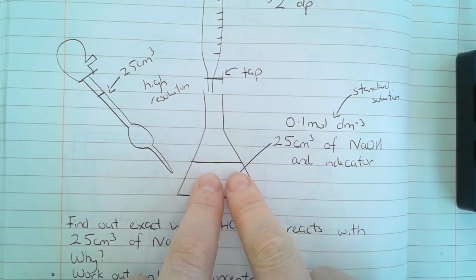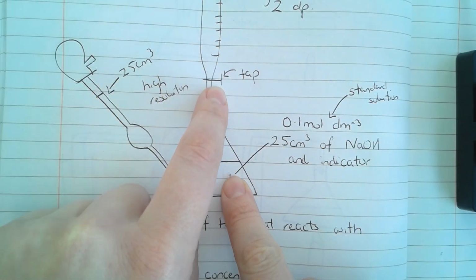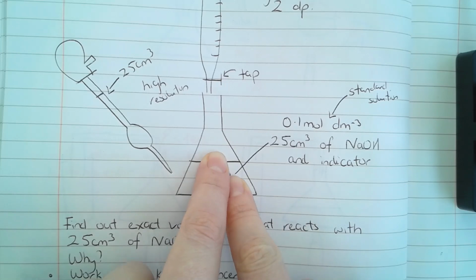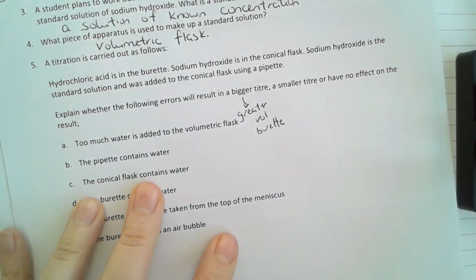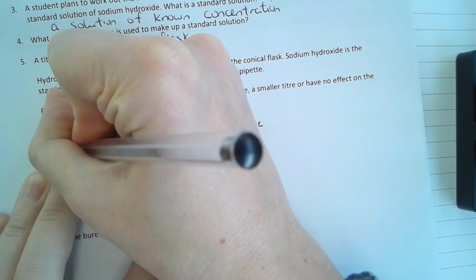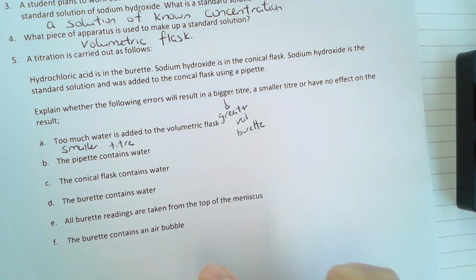If I've got less sodium hydroxide in my conical flask, then I'm going to need less HCl to neutralize it. Therefore, my titer is going to be smaller. So too much water is added to the volumetric flask, I'm going to have a smaller titer than everyone else.